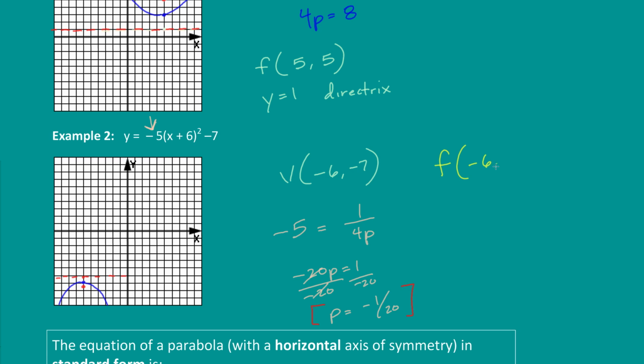Our x value is exactly the same. But our y value, it went down, so it's -7 minus 1/20. It went down an additional 1/20. Our directrix is going to be y equals, before it was -7, it's going to be -7 plus 1/20. We just went up a little bit.